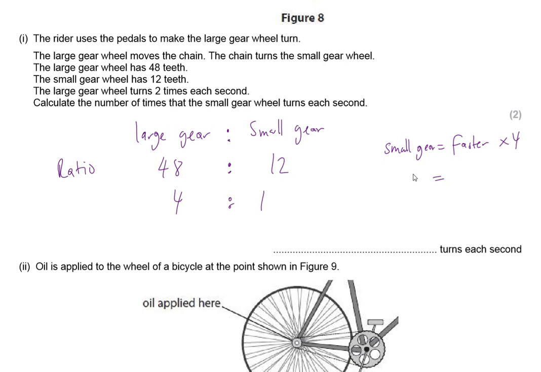Now if the large one is turning 2 times every second, so therefore the small gear would turn 4 times more. So it's going to be 2 multiplied by 4. So this will give us 8, and this will be 8 turns per second. Again, if you got this wrong, check the working out.